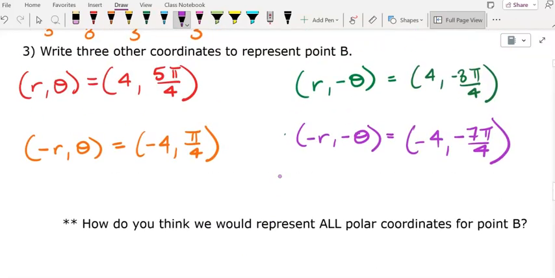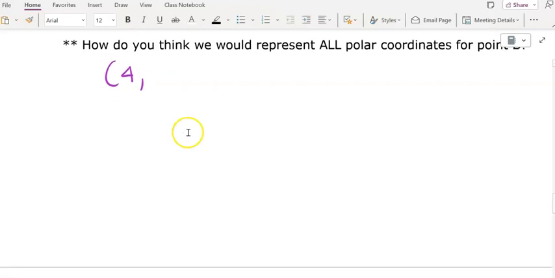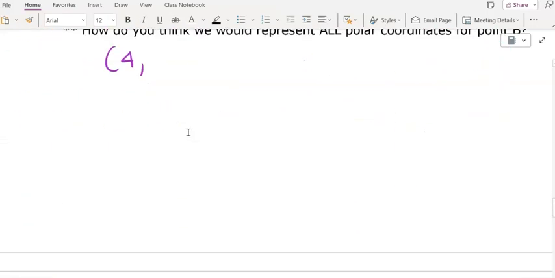Now, how would I list all polar coordinates? So I'm going to take the ones that have my positive angle measures. I'm going to take those 2 right here. And all I'm going to do is just add 2 pi k. So I would have 4, and what was it? It was 4 and 5 pi over 4.